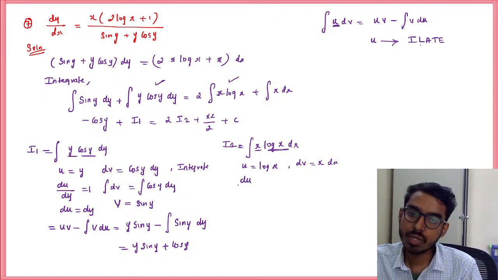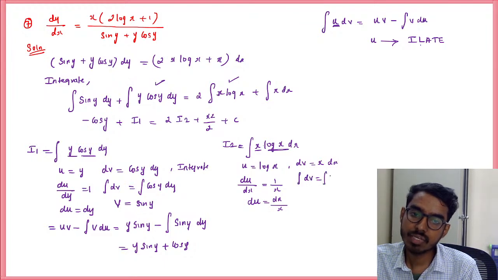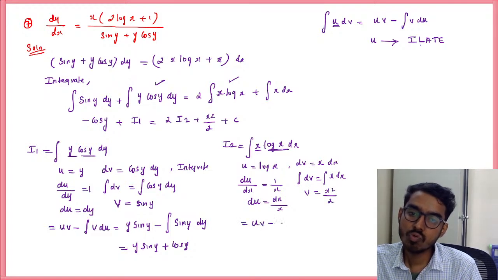So what about du by dx? Differentiate with respect to x. This will be 1 by x. That means du will be dx by x. Right? What about integration of dv? It is integration of x dx. So v is x square by 2. It will be uv minus integral v du.